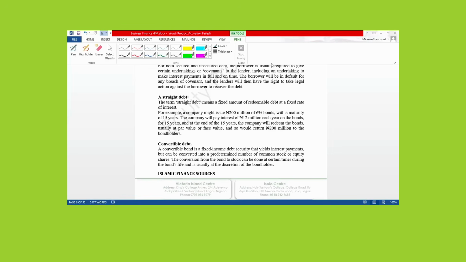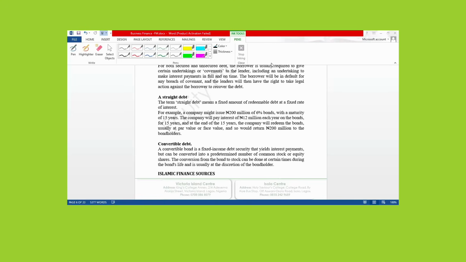What are these substances? Preference dividend is a fee, just like interest. Preference dividend is a fixed rate, similar to interest on debt.